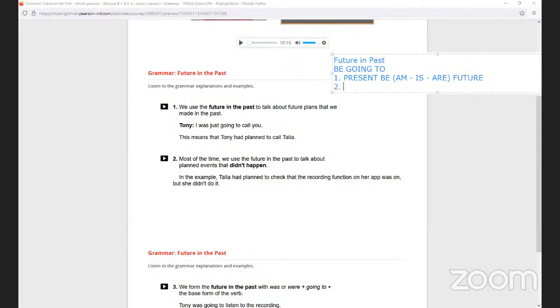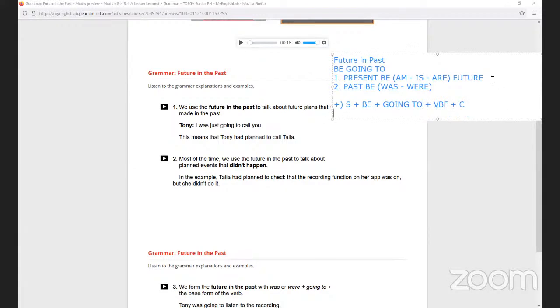But when we use this auxiliary be in past, we use was and were, and we are talking about a future in past. So our structure is the same as the future plan: subject plus be plus going to plus verb in base form plus complement.